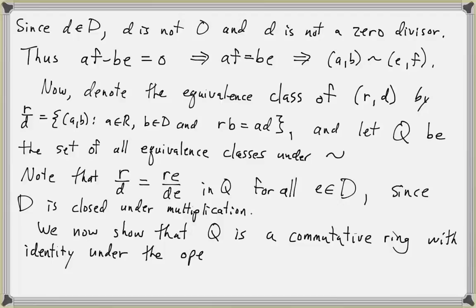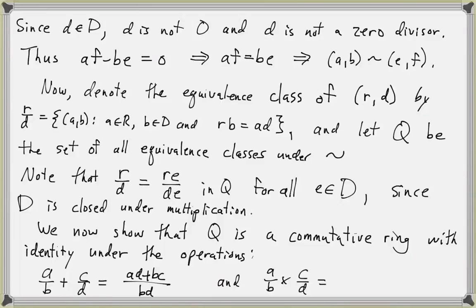Under the operations A over B plus C over D equals AD plus BC over BD, and A over B times C over D equals AC over BD.